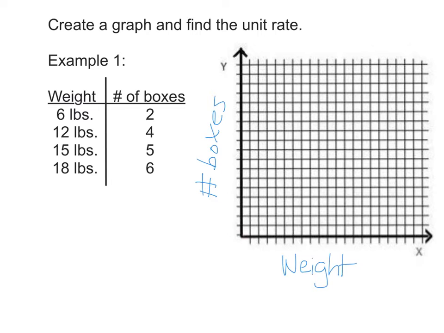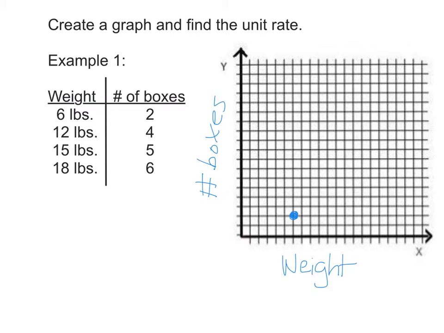Let's now plot each point. Our first point, the weight is 6 pounds, the number of boxes is 2. So we'll go to 1, 2, 3, 4, 5, 6 on the x-axis, up 2, and there's our first point.